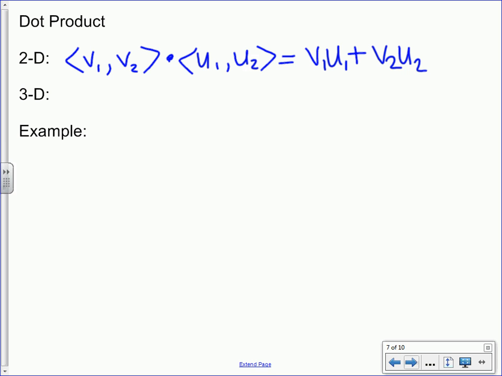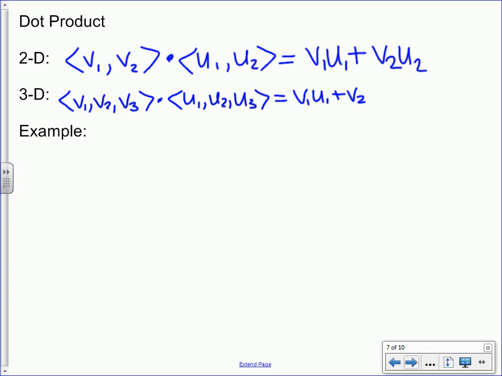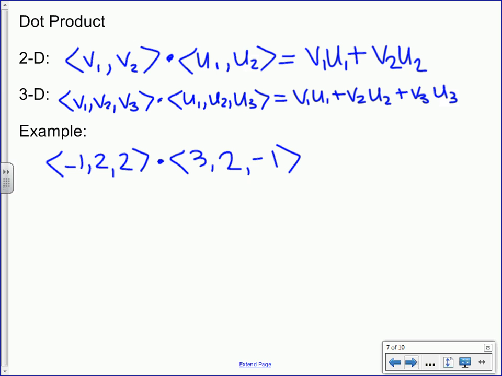So in 3 dimensions, except you're going to have 3 products you're going to have to add together. So here's the example we're going to do.